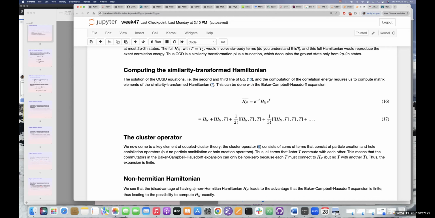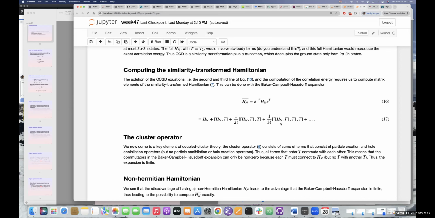That means that all terms that enter T commute with each other, as we discussed last time. And that means that the commutators in this expansion can only be non-zero because T must connect to H_N, but no T with another T because they commute with each other.